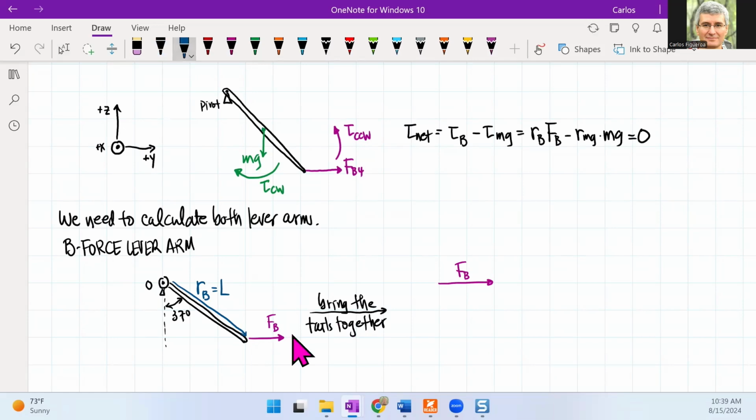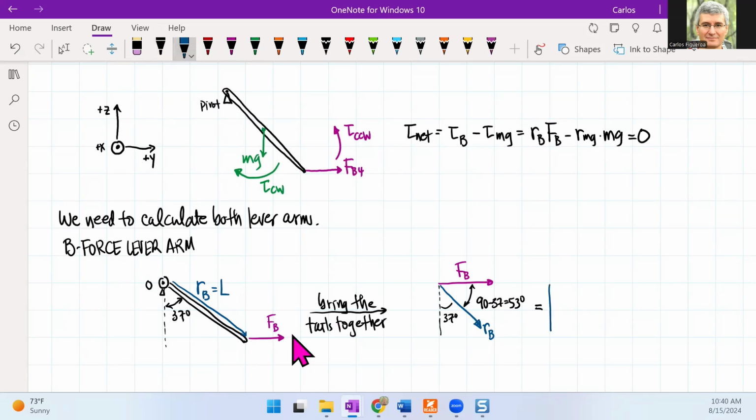And I have this guy right here, which is RB. Now, when I'm looking at this thing, this angle right here is 37 degrees. So that tells me that this angle here, which will be 90 minus 37, is then 53 degrees.